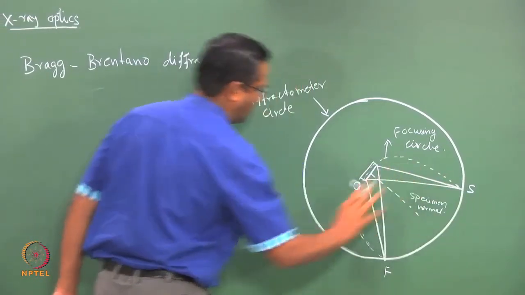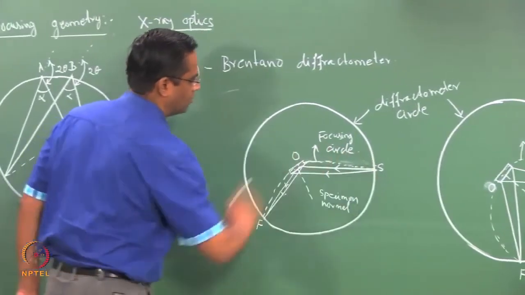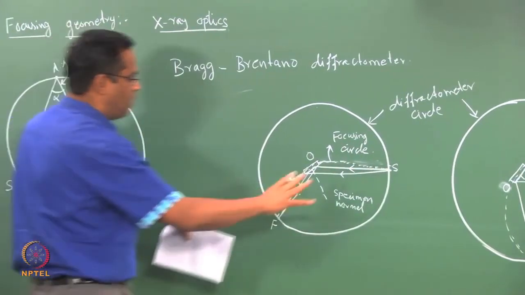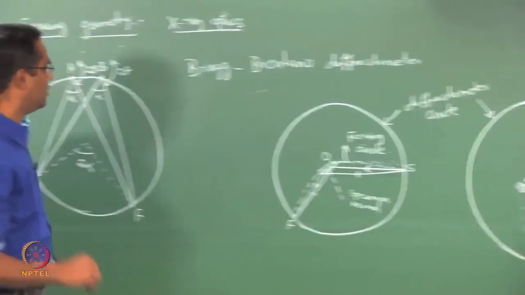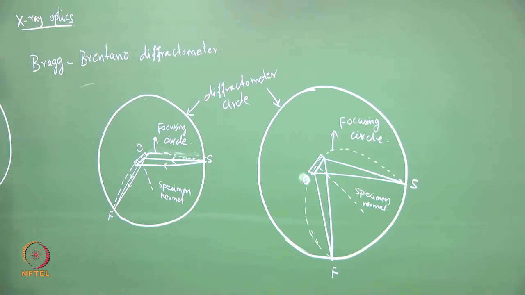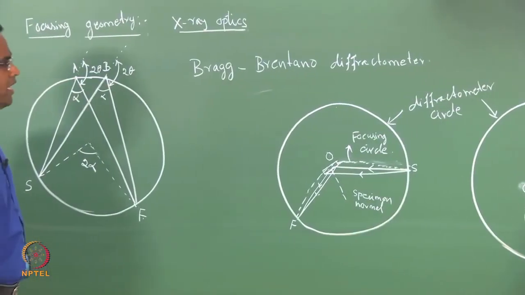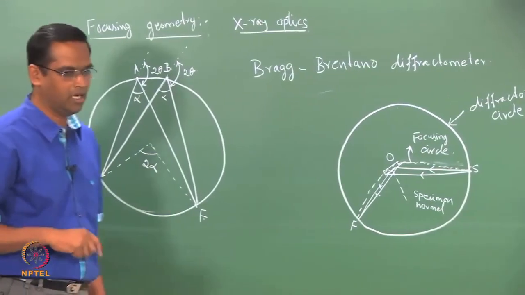As the 2 theta becomes bigger, the focusing circle also becomes bigger. So, this geometry is preserved, and that geometry is called Bragg-Brentano geometry, and this kind of focusing is called parafocusing, which is being adopted in this particular diffractometer.